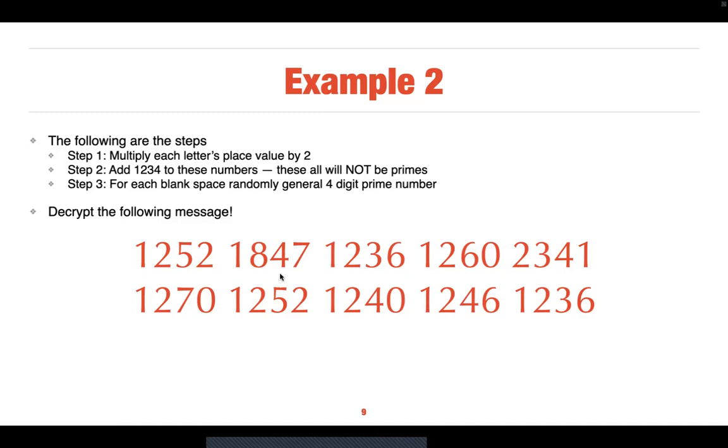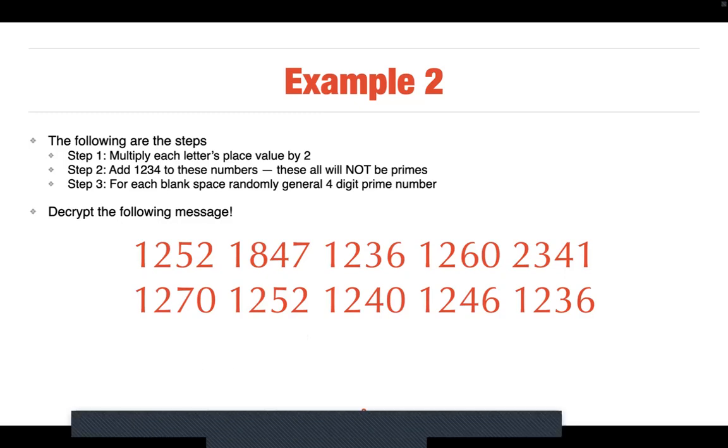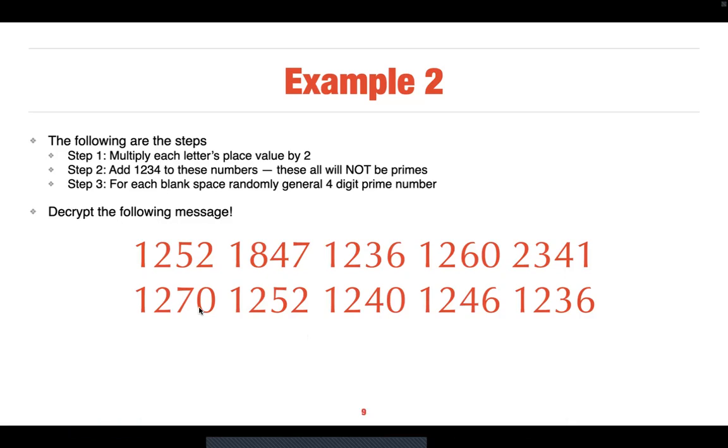Any idea? When we multiply the place value by 2, I'm confused about the first step. For each letter, we multiply the place value by 2. Yes. Place value means B has place value 2, C has place value 3.